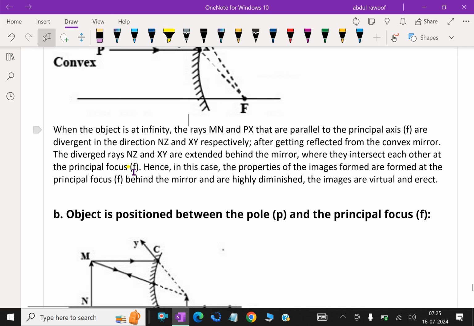The diverged rays NZ and XY are extended behind the mirror, where they intersect each other at the principal focus F. Hence, in this case, the image is formed at the principal focus F behind the mirror and is highly diminished, virtual and erect.